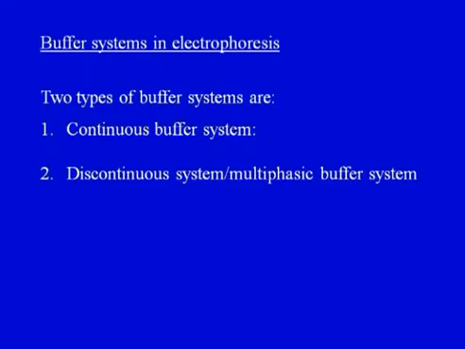Now, in electrophoresis there are two types of buffer systems. One is called the continuous buffer system and the other is the discontinuous buffer system, which can also be called a multiphasic buffer system. A continuous buffer system is a single buffer system, where you are utilizing a single buffer, whereas in a discontinuous system you will have more than one kind of buffer, maybe two buffers or three buffers.